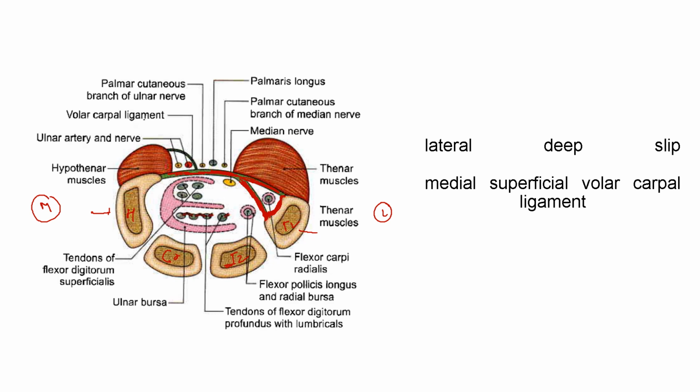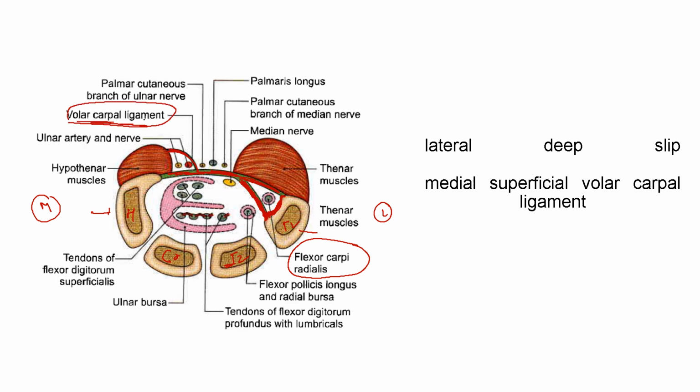In between the deep slip and the flexor retinaculum, there is the passage of one tendon, the tendon of flexor carpi radialis muscle. So flexor carpi radialis passes through this gap between the flexor retinaculum and its lateral deep slip. On the medial side, the flexor retinaculum gives a superficial slip, known as the volar carpal ligament.